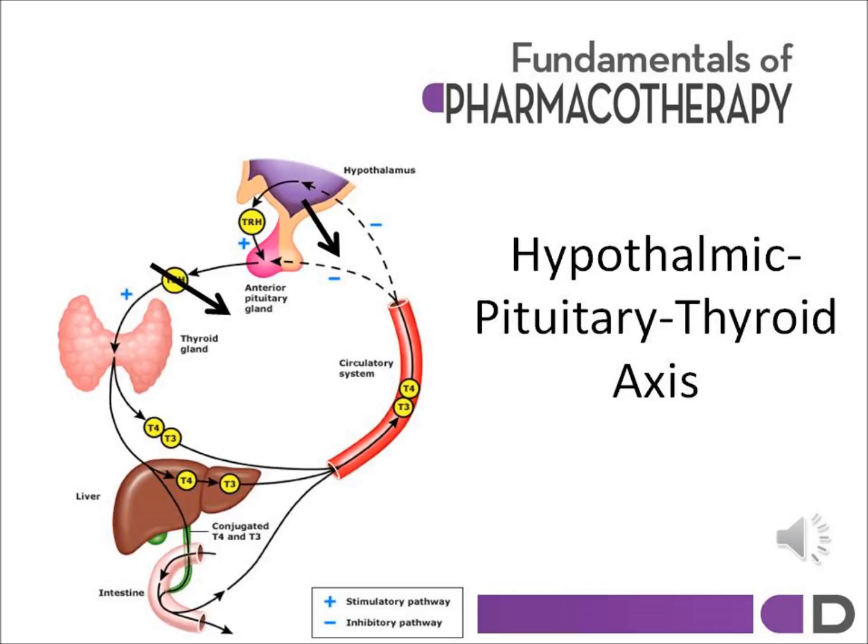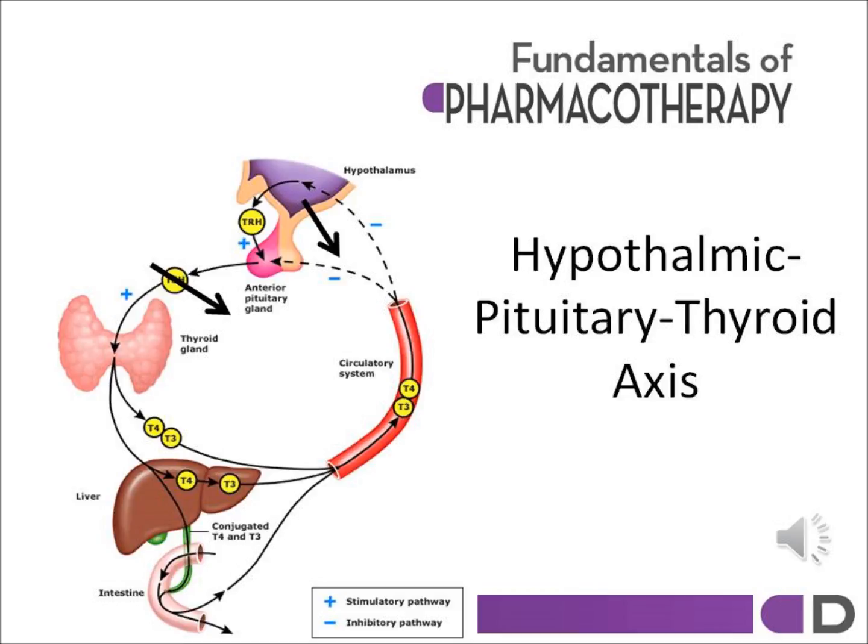In addition to traveling throughout the body, the T3 and T4 can travel back to the hypothalamus and the pituitary where all of this started, and they can inhibit the release of TRH and TSH. This is considered a negative feedback loop.